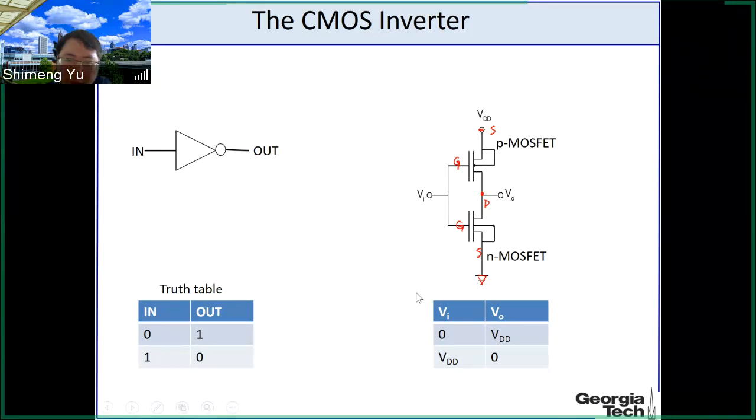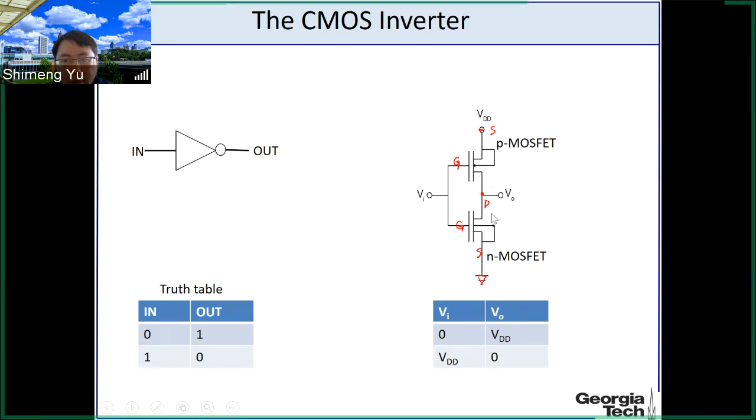So in the analog domain, you look at the voltage levels. If the input voltage is ground, then the output voltage will be the power supply VDD. Or if the input is VDD, then the output is 0. So that is the operation of this CMOS inverter at a very high level.